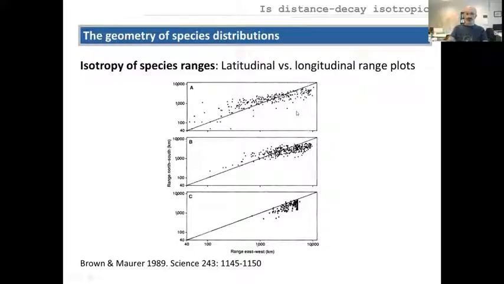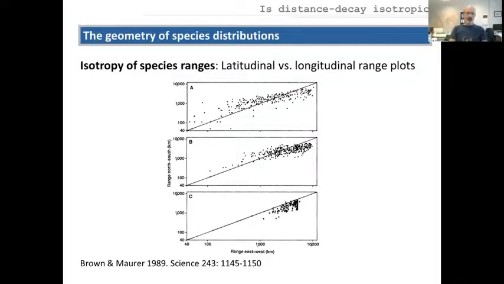As you will see, there are some deviations from the equality, meaning that species are not equally distributed in north-south or east-west directions, but deviations are not huge. But there is some degree of anisotropy at the species level.